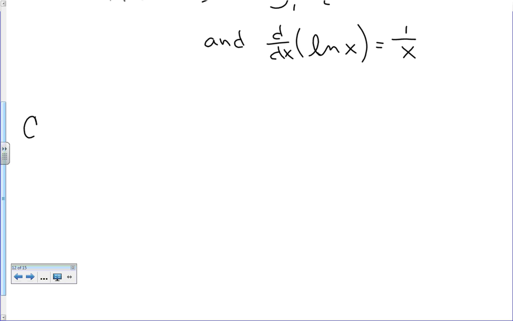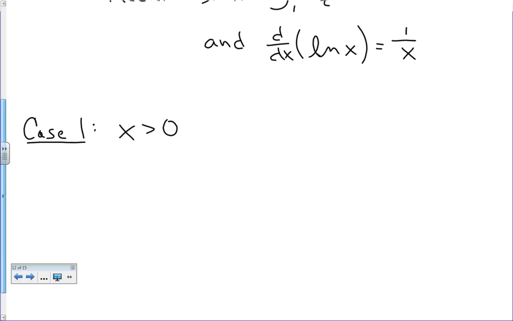So let's call this case 1. We'll deal with the positive domain first, because that's the easier of the two, since we can basically use the properties we've just written down to help us out. Let's take on the case where x is greater than 0. If x is greater than 0, then basically everything we've just said applies here.